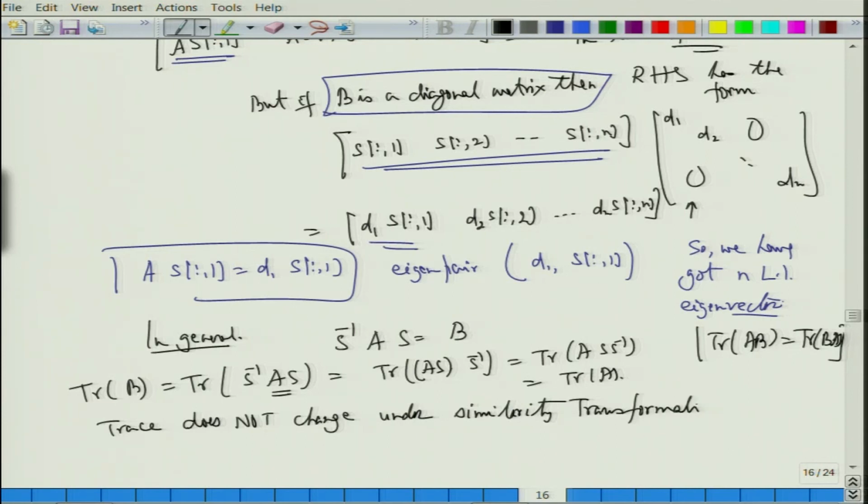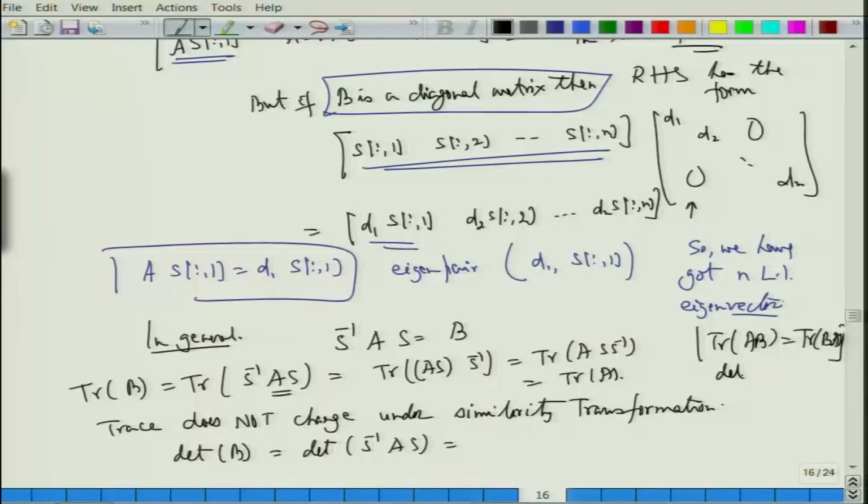What about the determinant? Because we had computed the determinant also. So what is determinant of B? Determinant of B is the same as determinant of S inverse AS. I know that determinant of AB is the same as determinant of A into determinant of B. So let us do that.